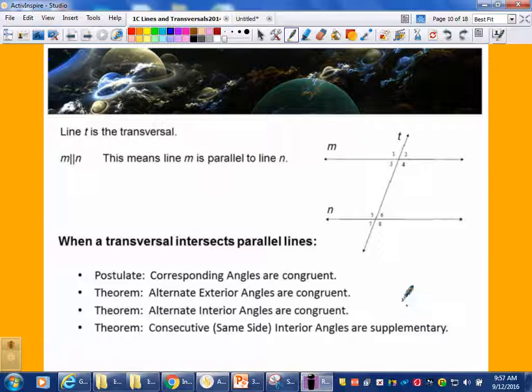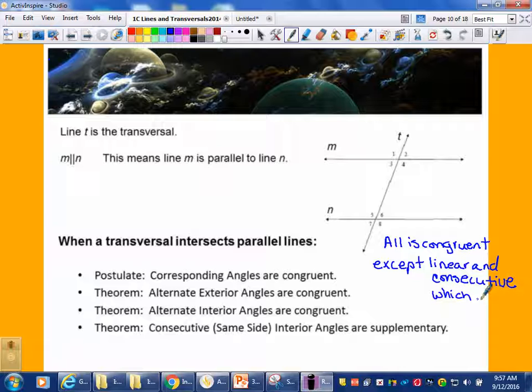I have an easy way for remembering this. When it comes to parallel lines that cut through transversals, all is congruent except linear and consecutive, which are supplementary.